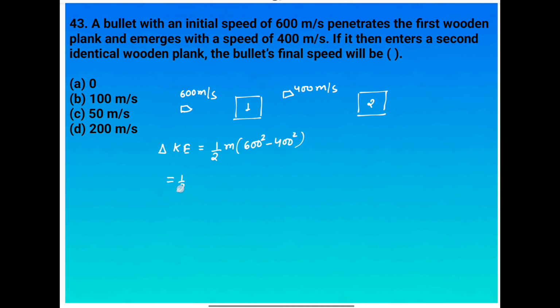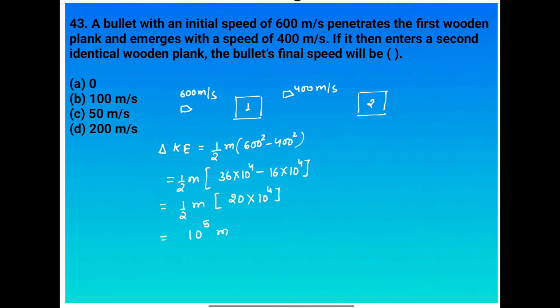This will become half of m into 36 into 10 raised to power 4 minus 16 into 10 raised to power 4. So it will become half m into 20 into 10 raised to power 4. So the total energy will be 10 into 10 raised to power 4 m joule.